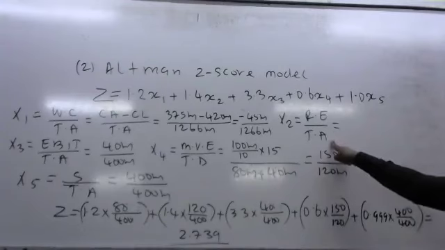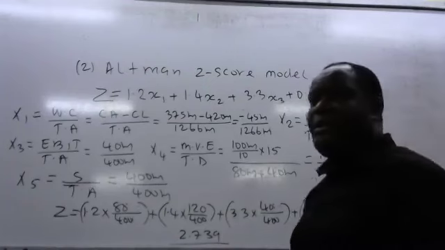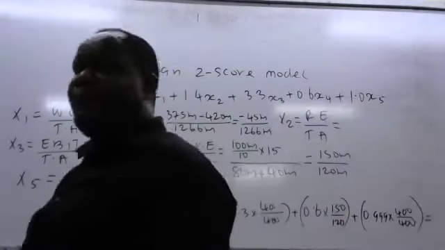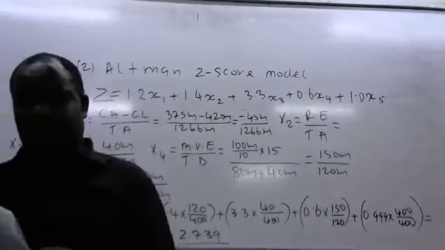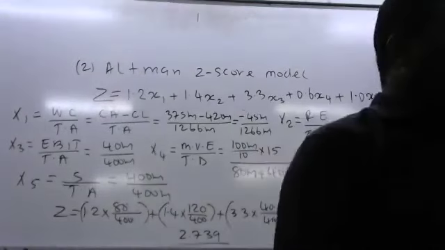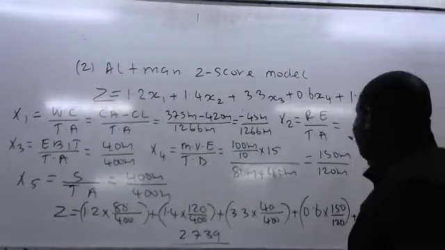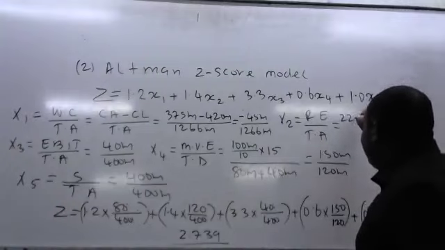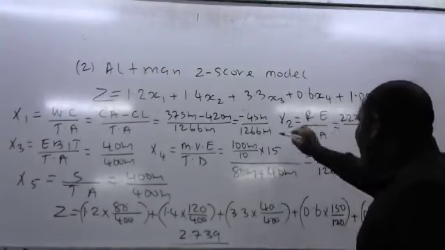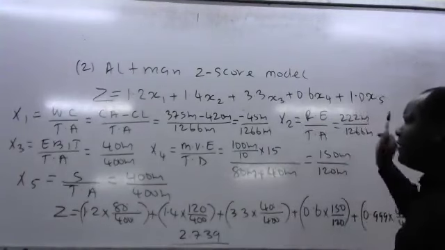For retained earnings, we use the one from the statement of financial position. Are you able to see the retained earnings before the current liabilities? They have given us 222 millions. So you still divide by 1266. So that is now our X2.